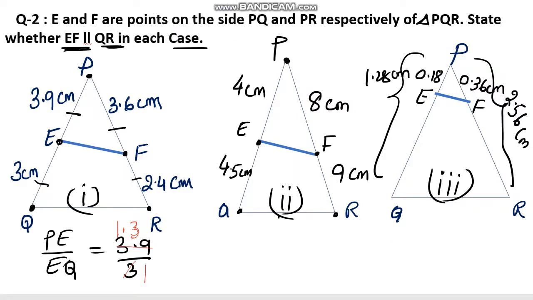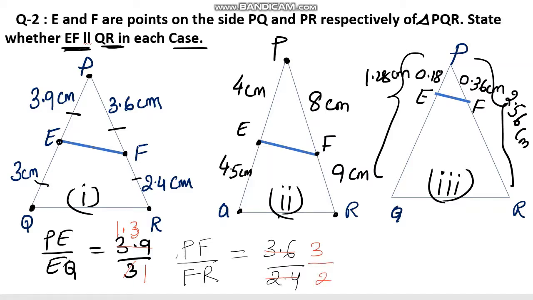Now let us see what PF by FR is. PF by FR is 3.6 by 2.4. Now you can cancel it through the table of 1.2. 1.2 into 3 will give you 3.6, and 1.2 into 2 will give you 2.4.